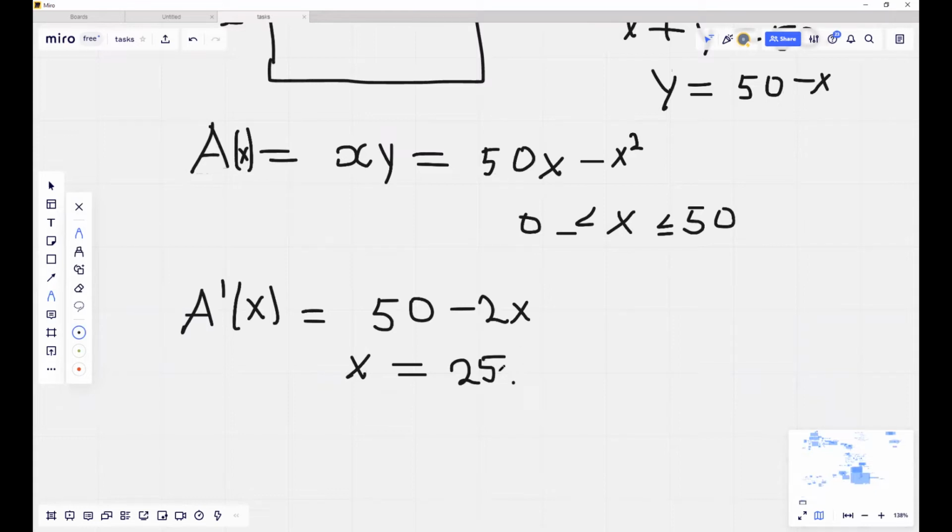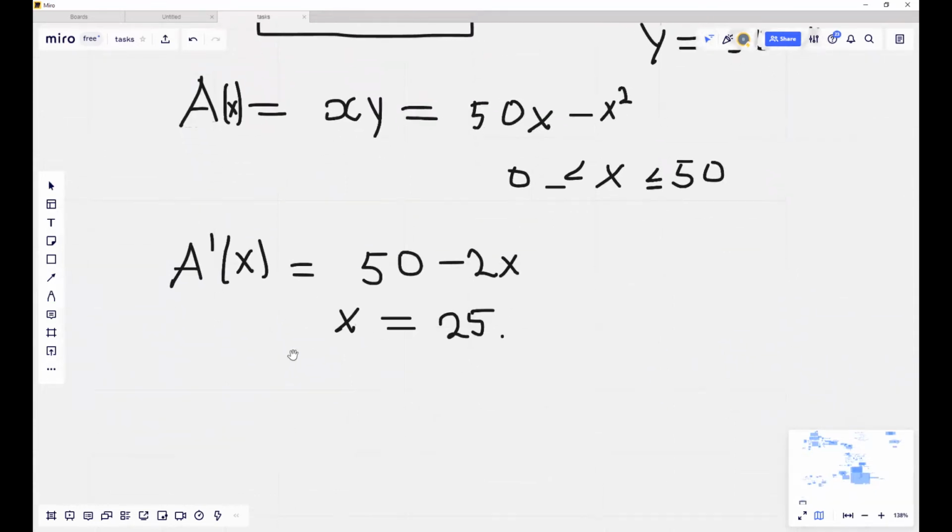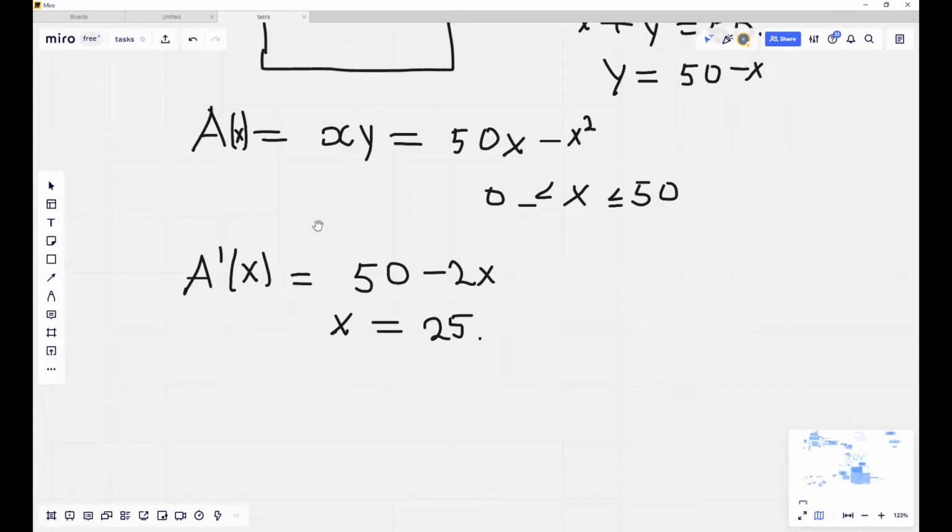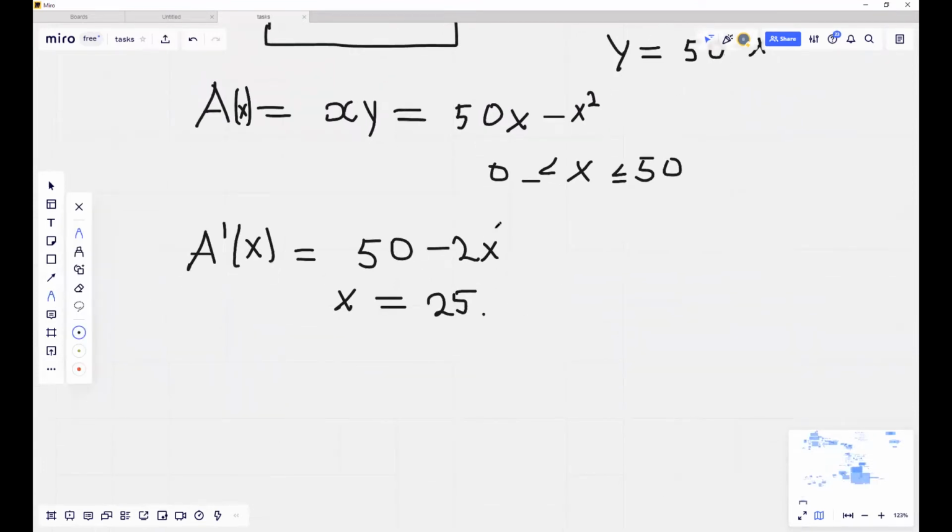It is a stationary point. Now to find the absolute maximum value of this function in that interval, we need to check the value of the function at the endpoints. So at point 0, it's equal to 0.